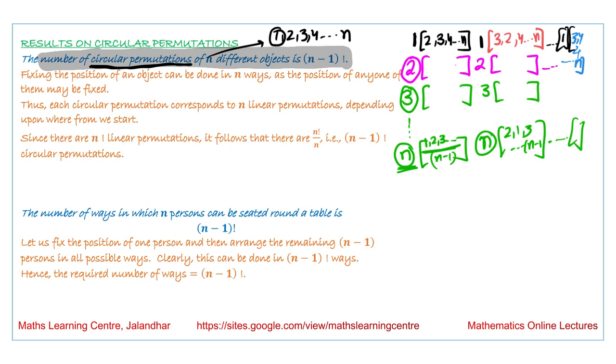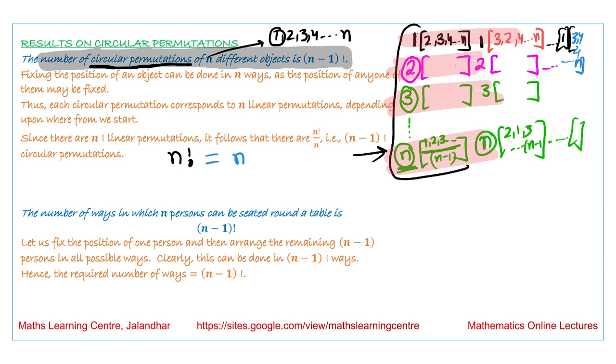Now, the total number of elements we have over here is n factorial. The number of rows we have, first row, second row, third row, up to the nth row, is equal to n.